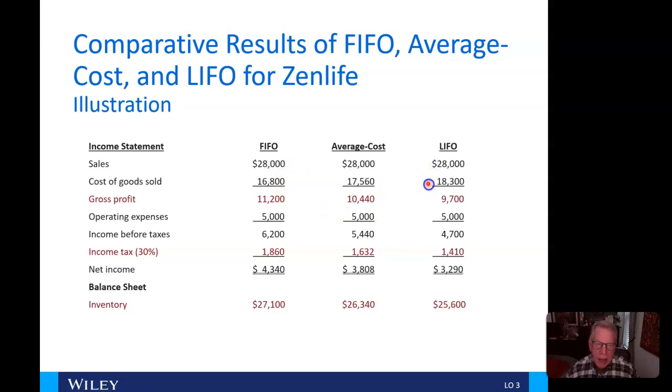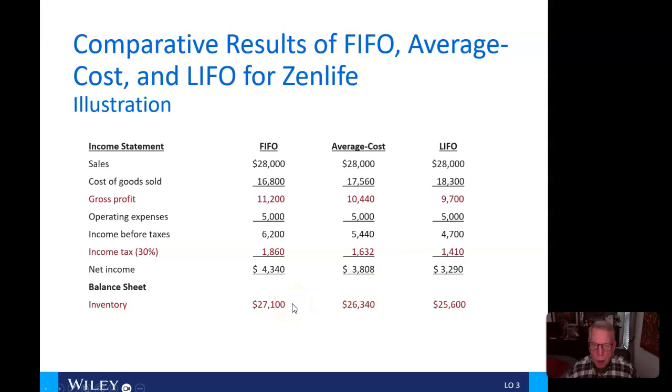LIFO is going to have the highest cost of goods sold in a period of rising costs, and FIFO will have the lowest. Consequently, FIFO's gross profit will be the best, and LIFO's gross profit will be the worst. And our operating expenses are a constant $5,000, and at income tax at 30% here, we find that the net income is best for FIFO, worst for LIFO, and average cost falls in between.